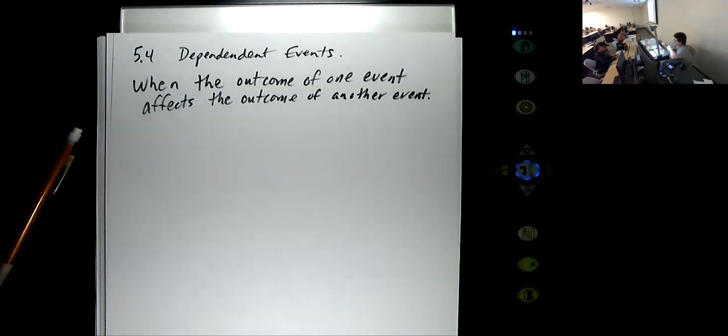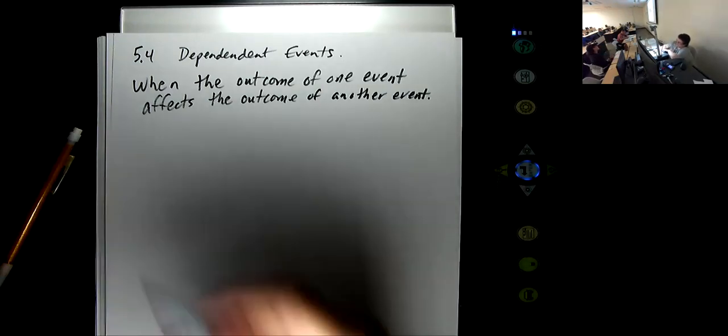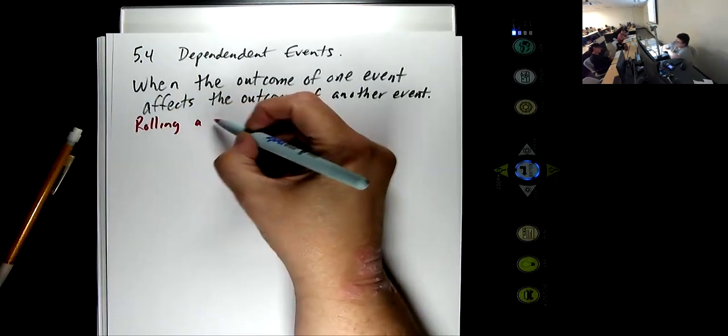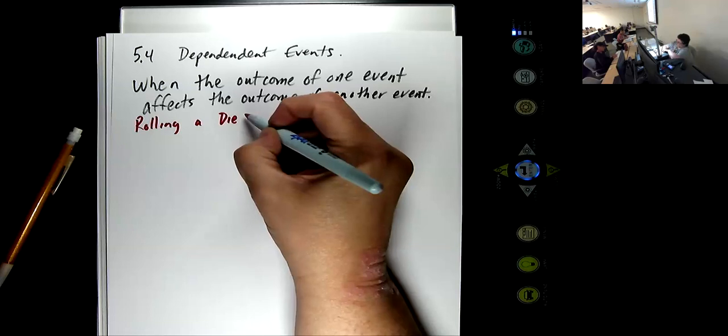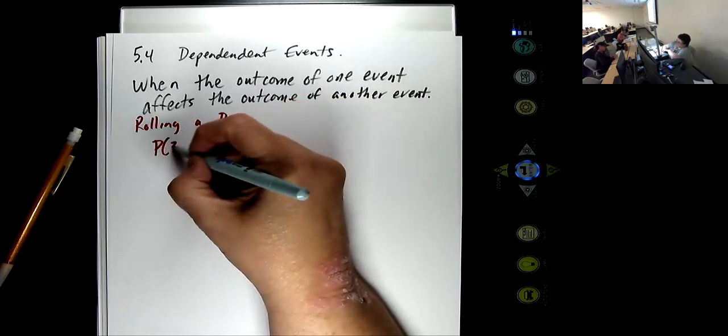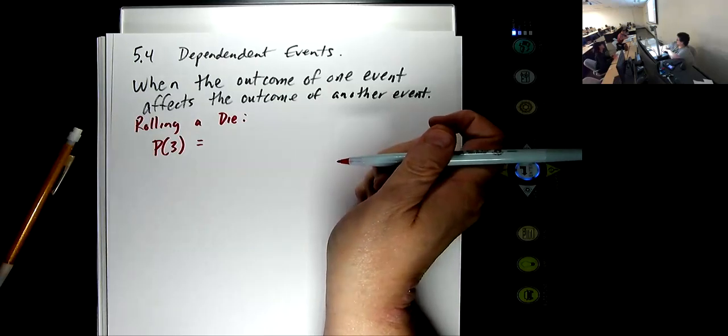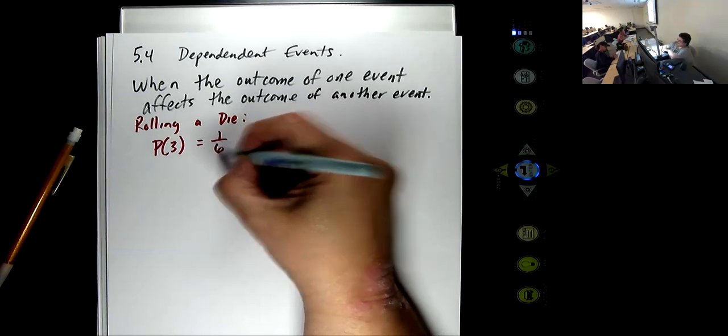Compare these two things. For rolling a single die, what is the probability of getting a 3? That's 1 out of 6.